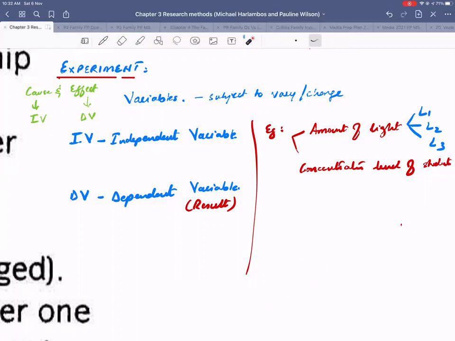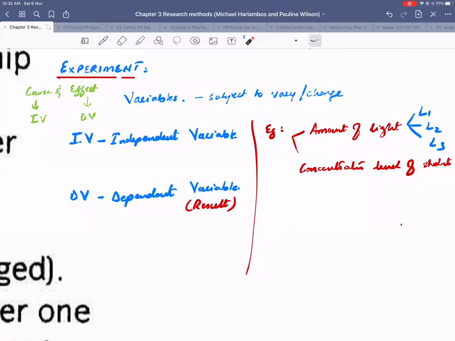What the experimenter in this case has to do is, besides the light, the experimenter would have to keep all the other factors or all the other variables constant. Because if you're not keeping all the other factors constant, then you wouldn't know कि जो इनके concentration level पे effect आ रहा है, ये वाकई light की वजह से आ रहा है या किसी external factor की वजह से आ रहा है. Clear?